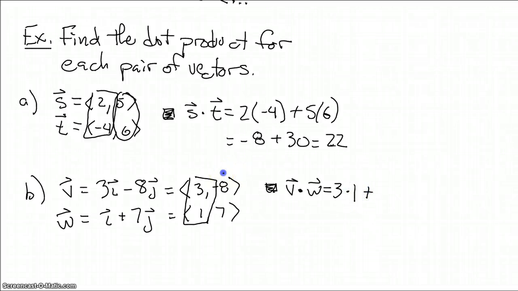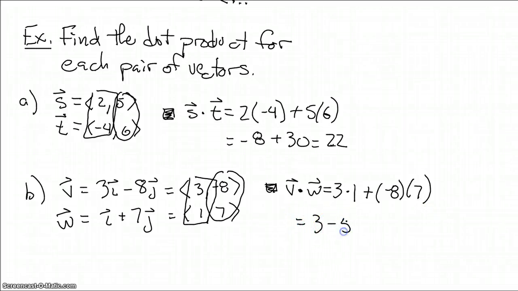I'm going to add to that my y components, -8 and 7, so I've got 3 minus 56, which is -53.